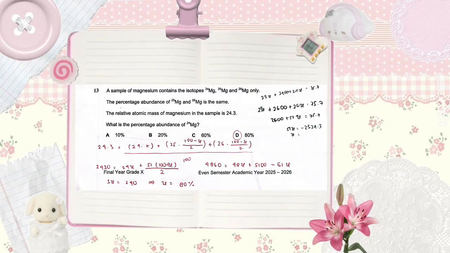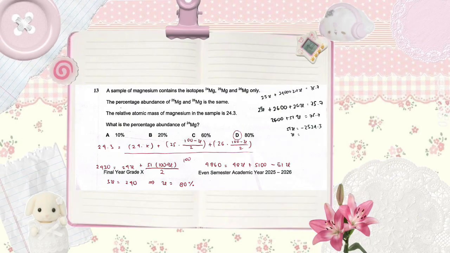equals 24 times x plus 25 times (100 minus x) per 2 plus 26 times (100 minus x) per 2, all per 100.